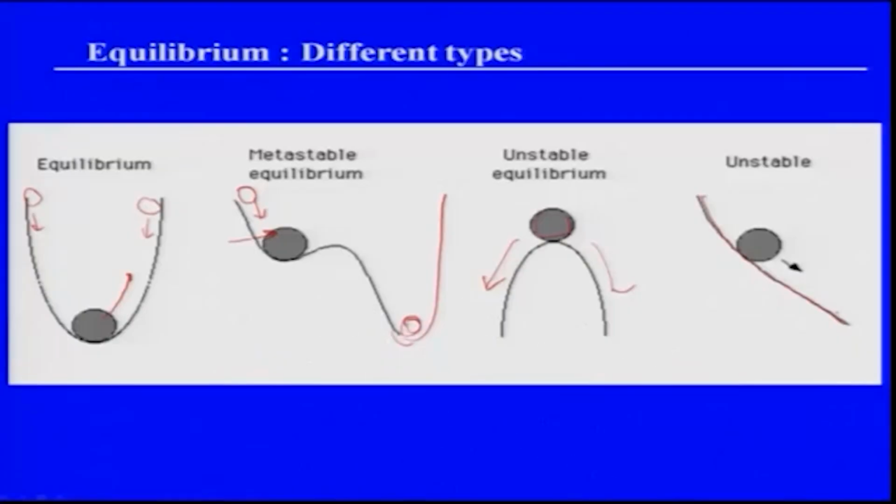So this is something which you also understand. Okay, there will be many situations where you want the system to be at global equilibrium, but the system will not, it will try to remain in metastable equilibrium. Similarly, there will be situations where the system is in unstable equilibrium, and immediately it will transform into products. That is the third situation.